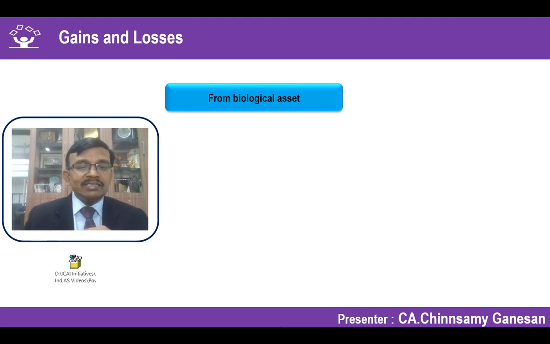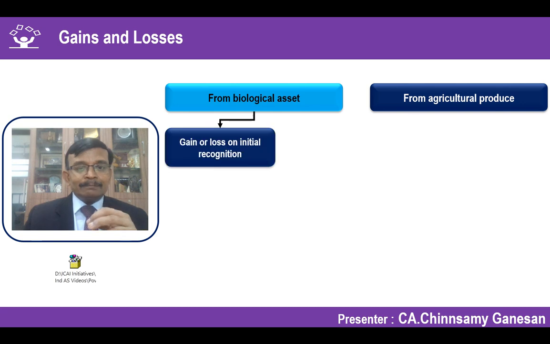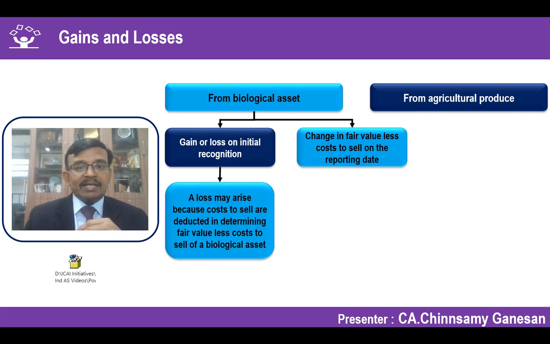What to do with the gains or losses? If it is a biological asset, gains or losses on initial recognition could be possible. What we have seen, 5 lakh, but there is a 2% cost to complete that, so fair value less cost to sell, 10,000 is the loss on initial recognition, which may happen, or based on the reporting period, subsequent measurement, changes in fair value may happen.